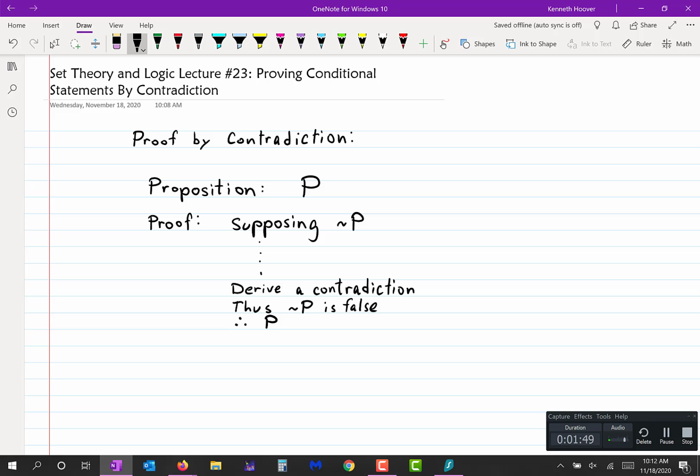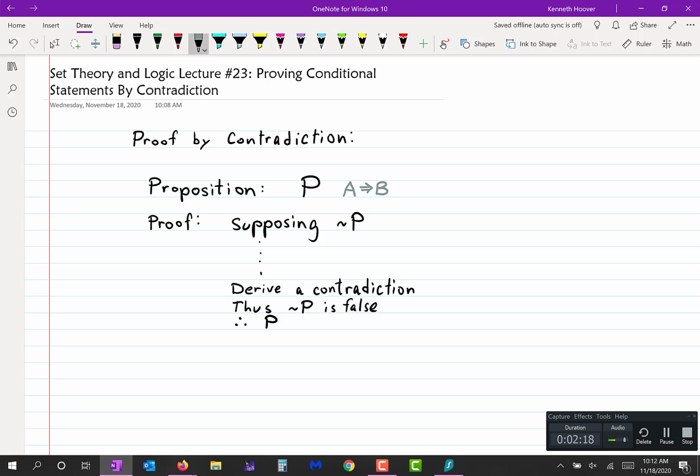Okay, that's the outline. Now, in today's lecture, we are specifically going to look at examples where the proposition that you're trying to prove is a conditional. So what if P was something like A implies B? Then you would suppose the negation of that.